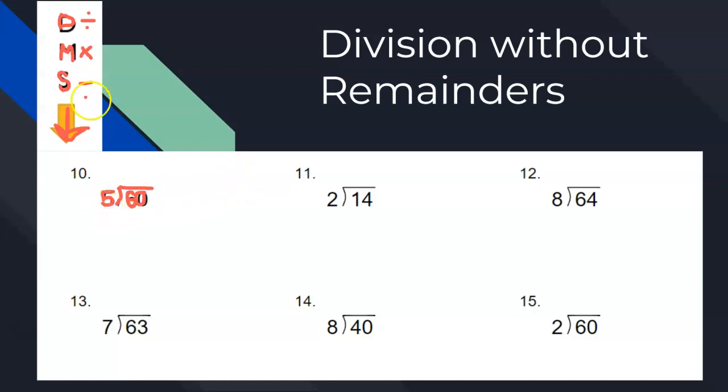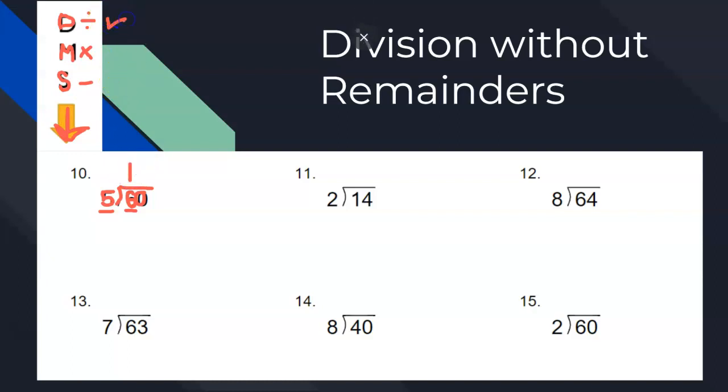In order to find that answer, I must first start with division. But what am I dividing? 6 divided by 5. Or how many times does 5 go into the number 6? 5 goes into the number 6 once.